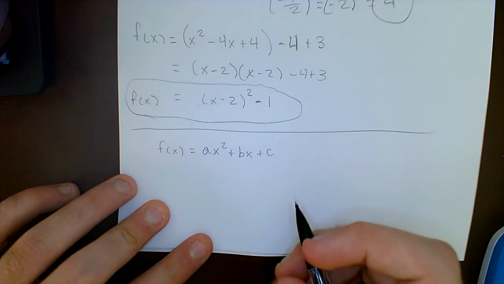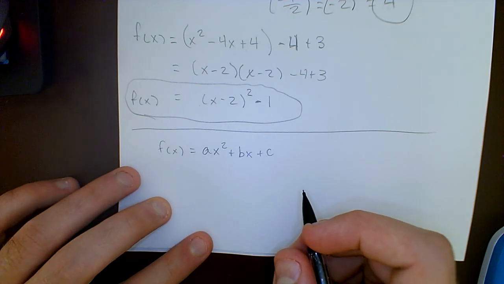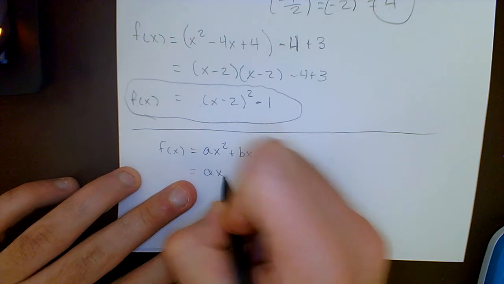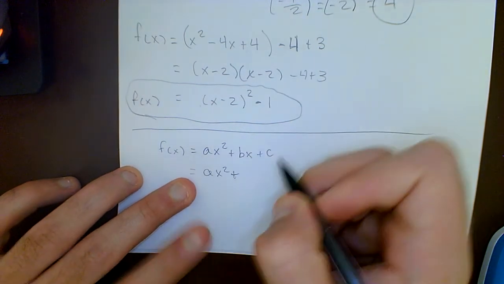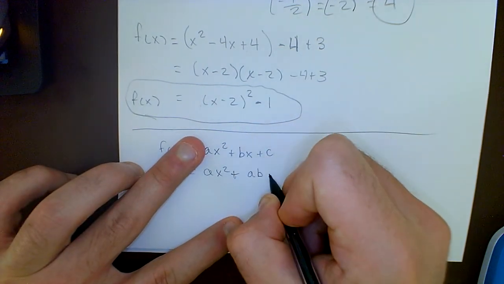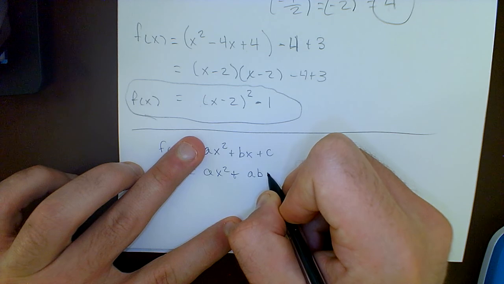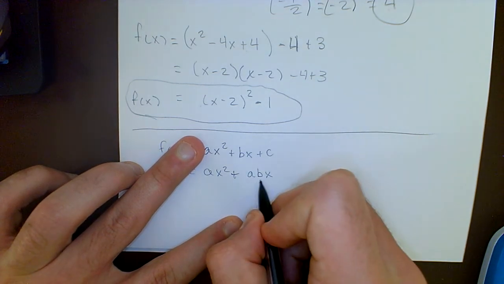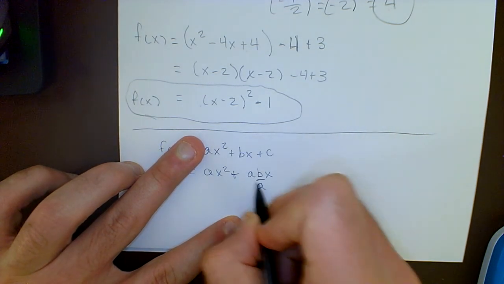So first thing I'm going to do is artificially write this as ax squared, and I'm going to multiply here by 1 in disguise. So it's going to be a times b over a times x. If I multiply this term by a, I also have to divide it by a.